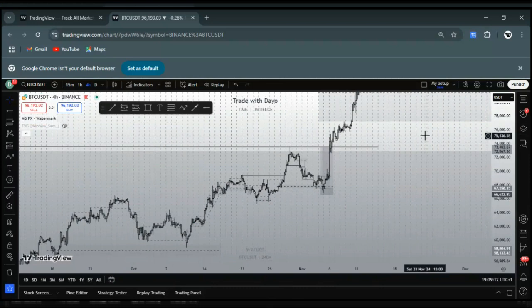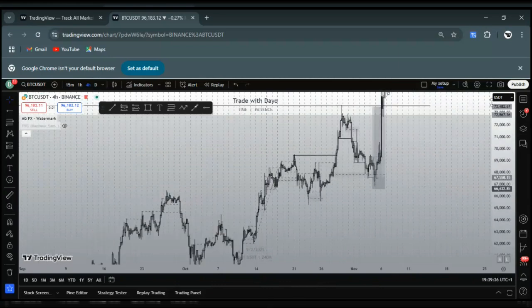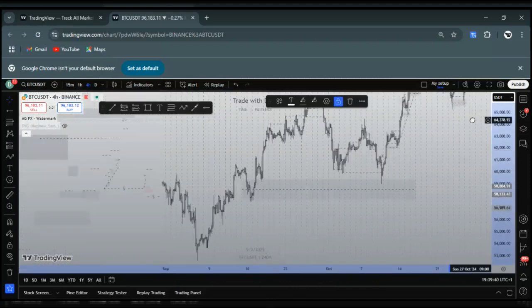Let me use the three basic assets. Let's search. I think this one will give us what we want. Even this one as well.